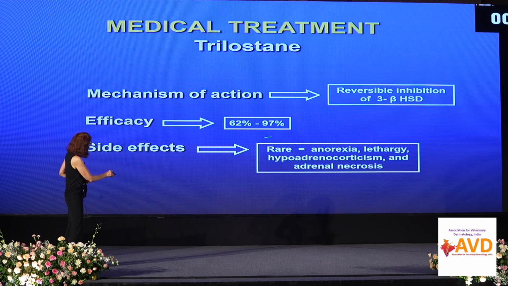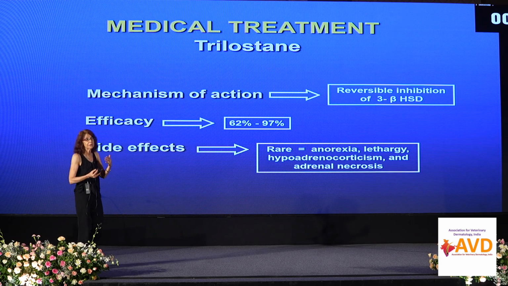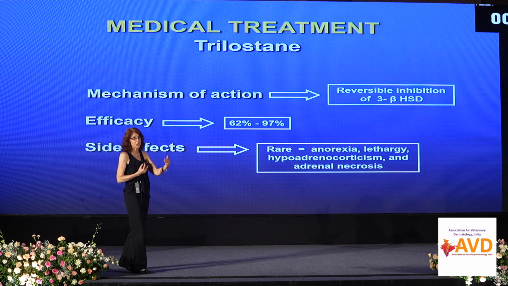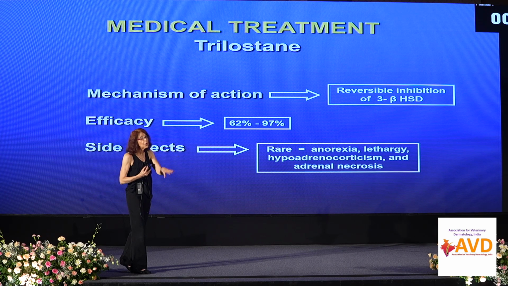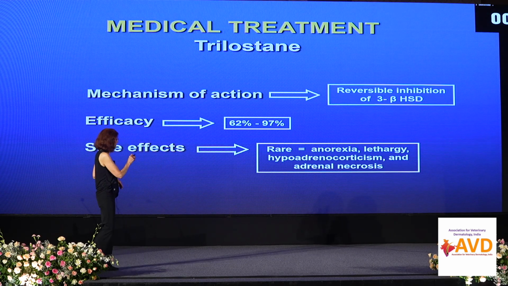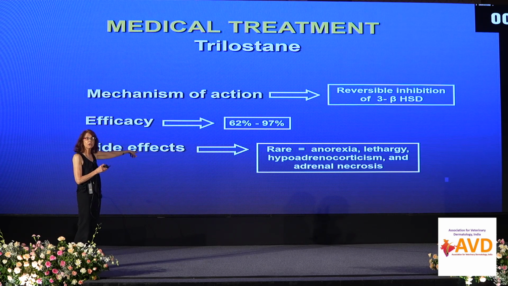Efficacy is pretty good. Side effects are rare, but you can have anorexia, lethargy, and then really hypoadrenocorticism. So you can say whether it is cortisol-associated hypoadrenocorticism or truly aldosterone related. And adrenal necrosis.